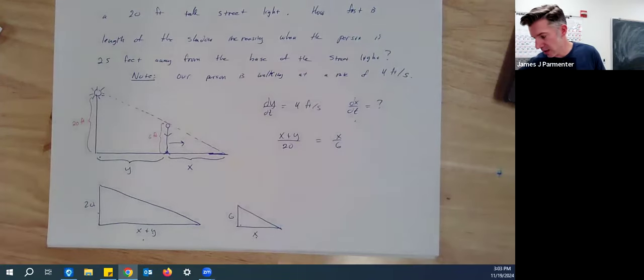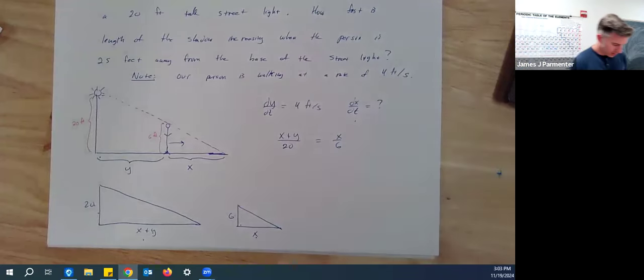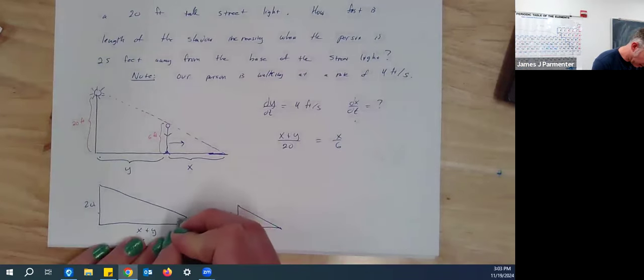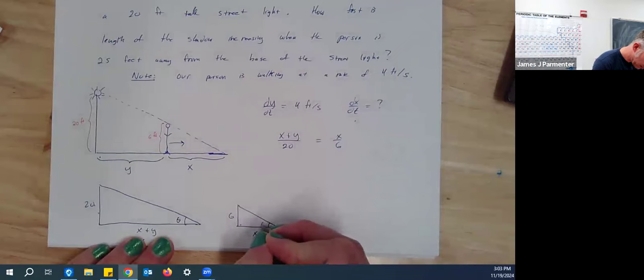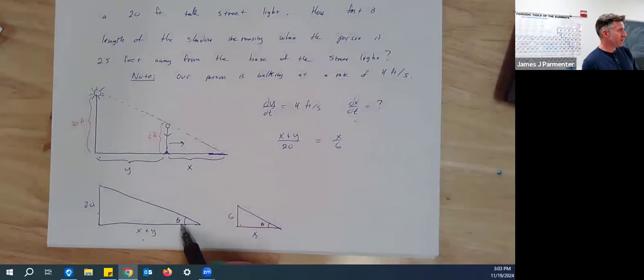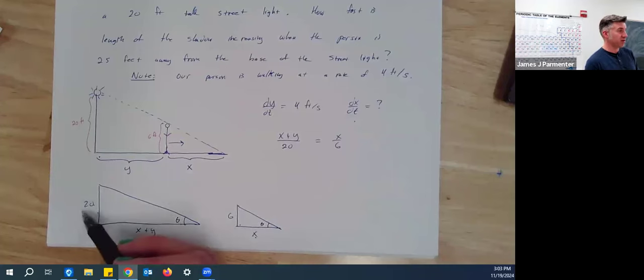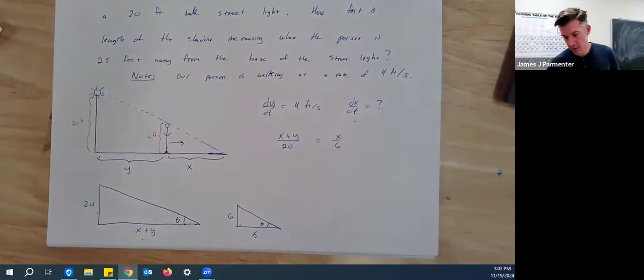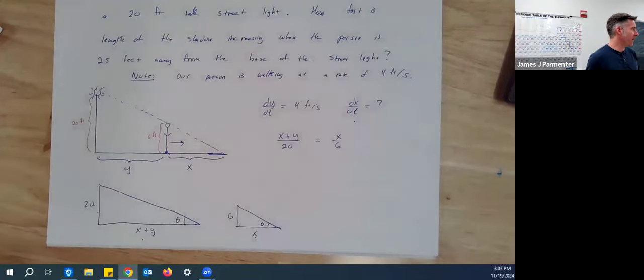Technically, if you think about this angle being theta, then cotangent of theta is either x over 6 or x plus y over 20, and they should be the same. Also a fine way of doing it, but kind of weird.